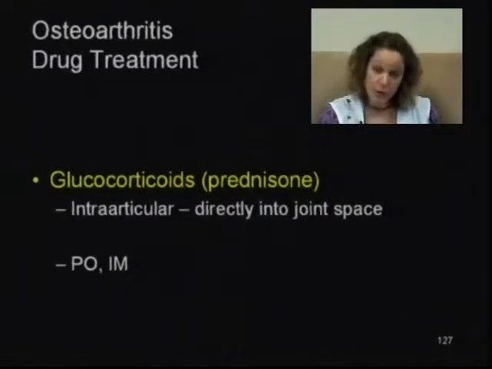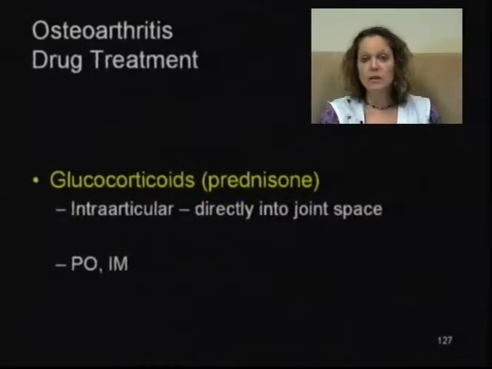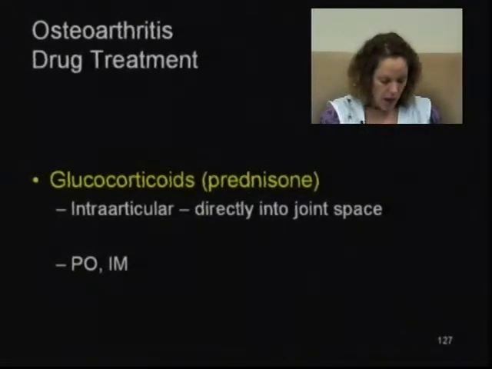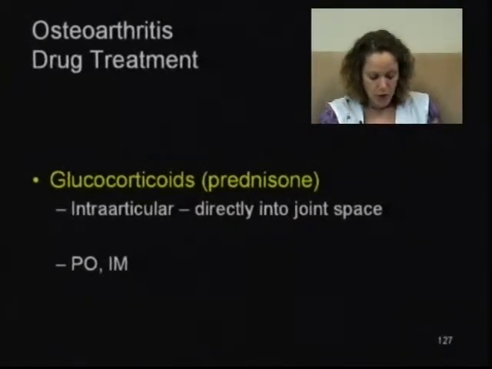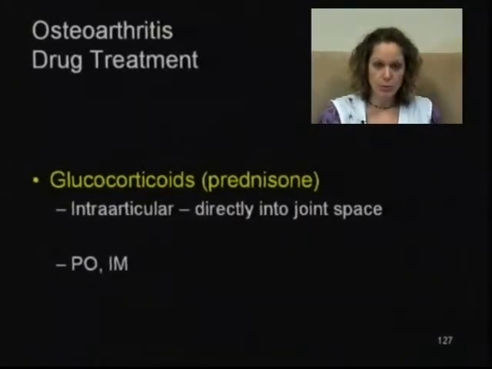Okay, so for example, if we get a patient that gets admitted to the hospital and they have been on long-term prednisone therapy, and they're made NPO for surgery, we really need to consider getting an IV form of the prednisone, and that's due to the fact that our adrenal cortex is responsible for secreting our glucocorticoids, and when we take exogenous sources of corticosteroids, then our adrenal gland will be suppressed.